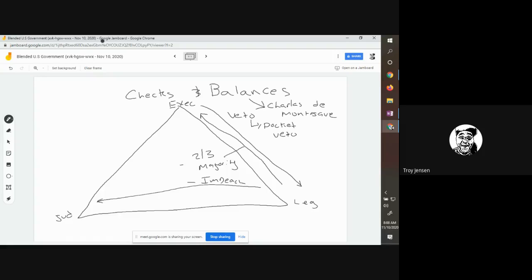A check that the judicial branch has on the legislative branch is they can deem laws unconstitutional. For example, Brown v. Board of Education overthrew most of your Jim Crow laws that the states were passing, as well as Plessy v.